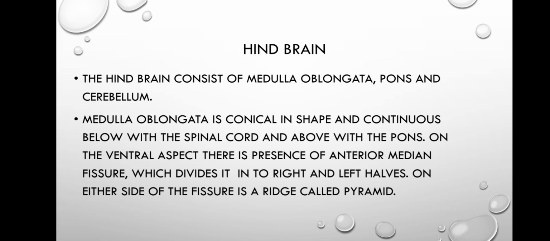On the ventral aspect, there is an anterior median fissure which divides it into right and left halves. On either side of the fissure is a ridge called the pyramid.